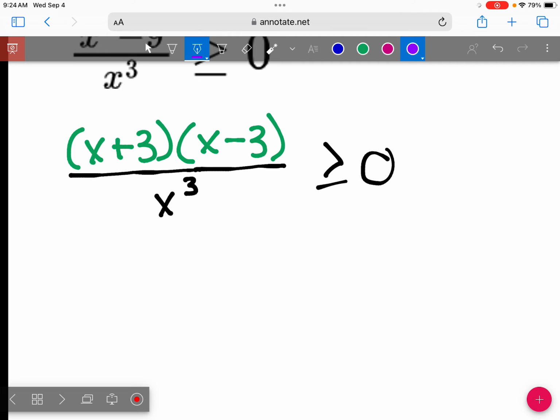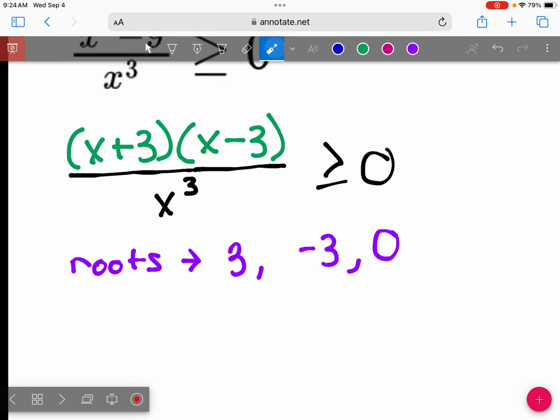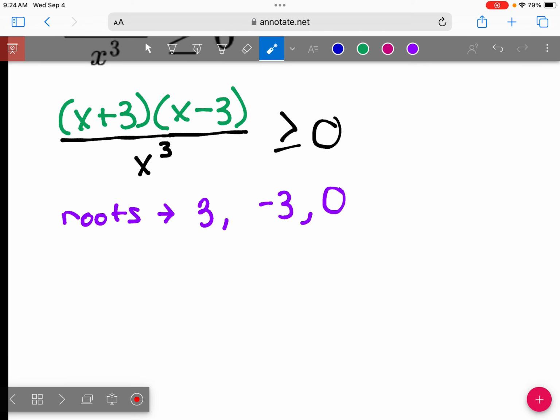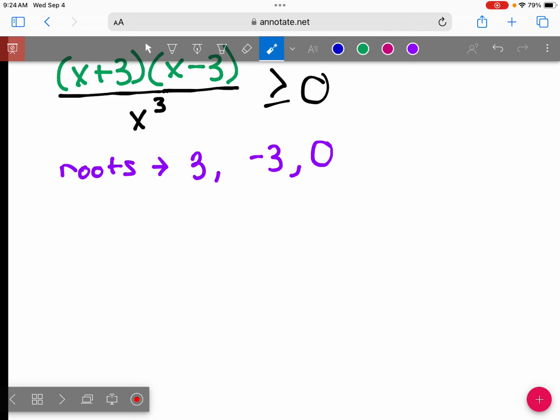So let's look at our roots. We need our zeros. We have 3 zeros. What are our roots? 3, -3, and 0. Denominator: 0, 0, and 0. Yeah, and it would be a triple root through 0, but 0 is enough. So let's set up our positivity table. Start with my number line.